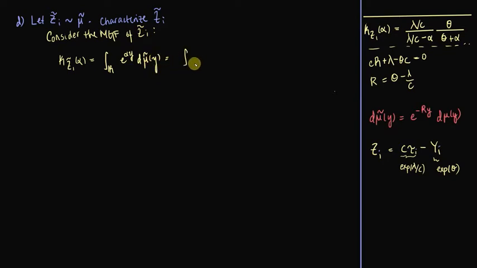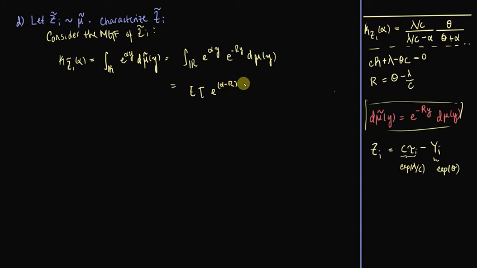And by abstract change of measure, we get that this is equal to the integral over e to the alpha y multiplied by e to the minus ry with respect to mu. And this in turn is just equal to the mean value of e to the alpha minus r times z1.